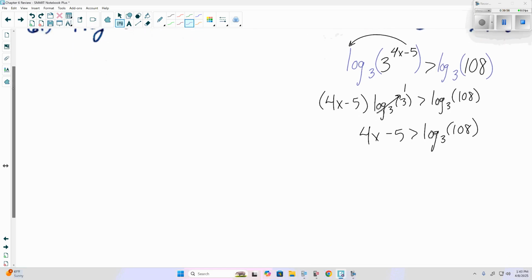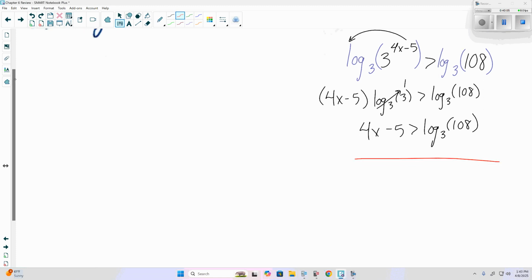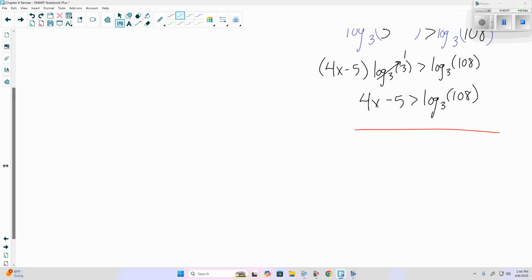Now we just need to solve for the value of x. At this point, we can add 5 to both sides, telling us 4x is greater than log base 3 of 108 plus 5.